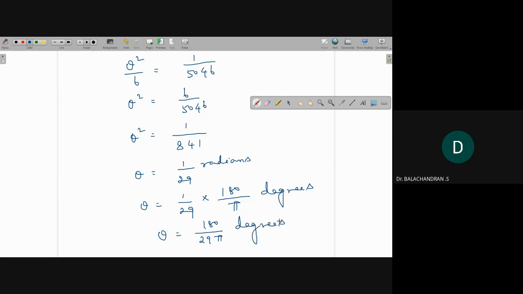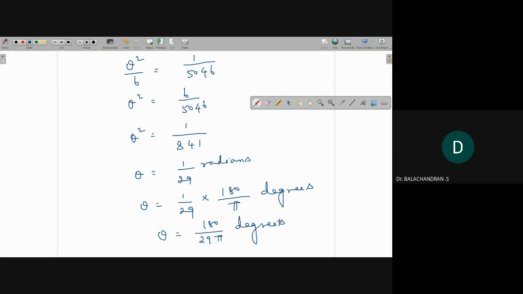Now using the calculator, you can directly find degrees. 180 divided by 29 is equal to 6.20, and then I divide by pi.